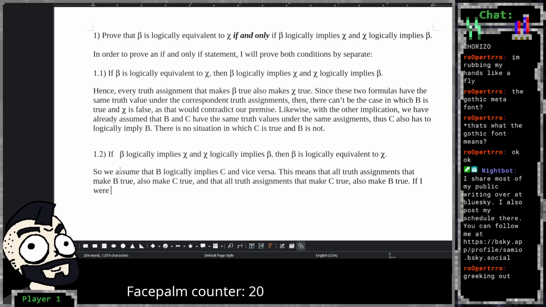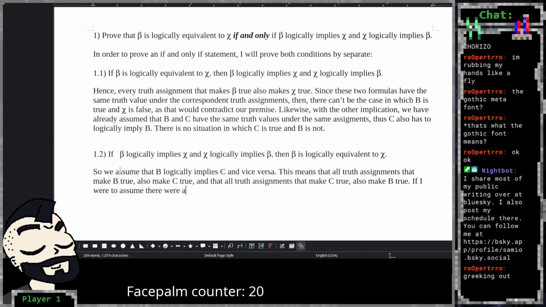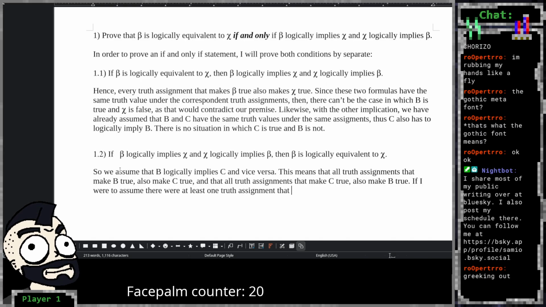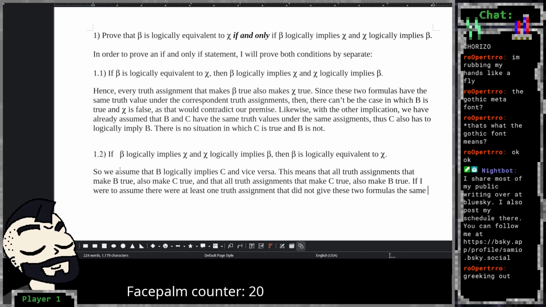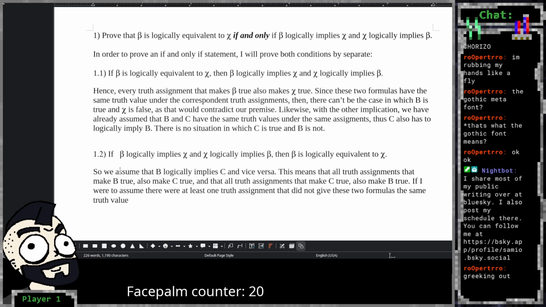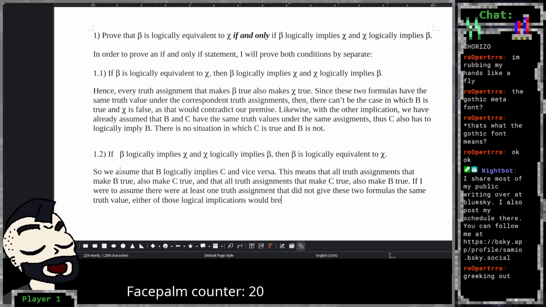If I were to assume there were at least one truth assignment that did not give these two formulas the same value, either of those logical implications will break.